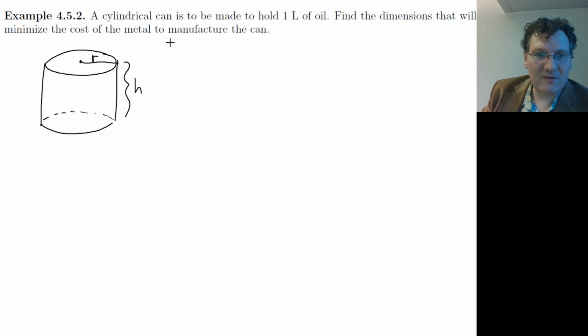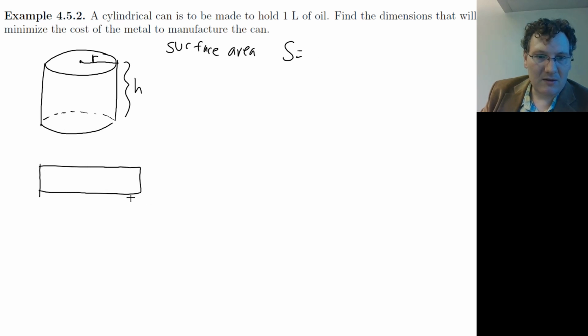We know that the surface area, call it S, is going to be the circumference of the amount. If you unroll this thing, this is kind of like the unrolled metal, right? So this thing is h, and then the total we have 2 pi r.